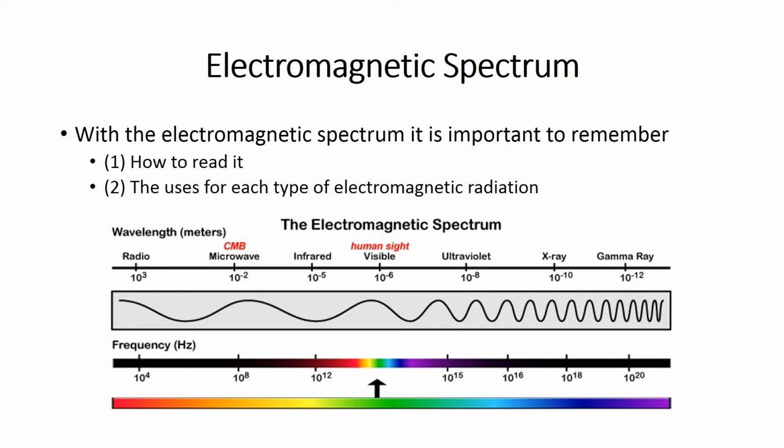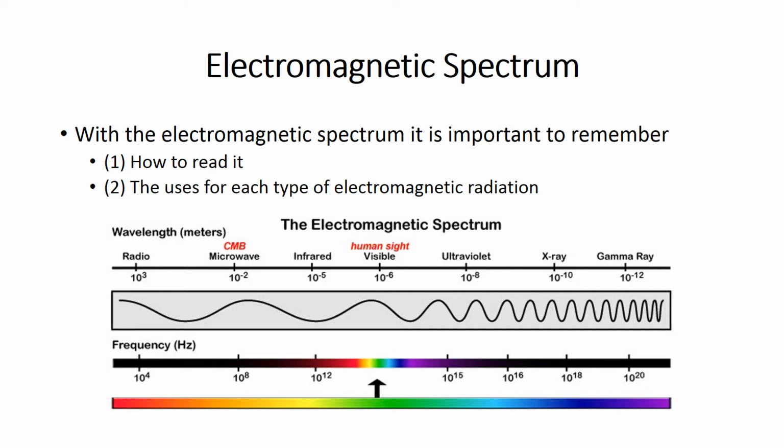Here, it's the opposite, so the entire spectrum has just kind of been flipped over. All the information is still correct, but you just have to be careful when you're reading your electromagnetic spectrum that you're reading it correctly. Radio waves are always going to be bigger than microwaves, but don't be confused just because they're in a different order.